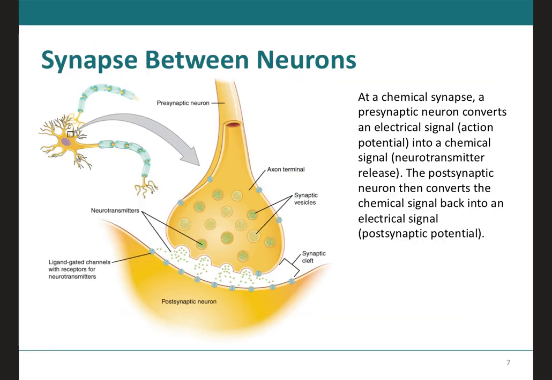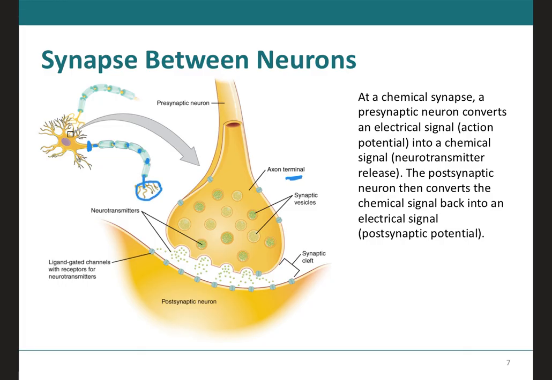Okay, now that we've reviewed the electrical synapse, we can talk about the chemical synapse, which occurs at the end of the axon, more specifically at what we call the axon terminal or the terminal button. Coming down, we have the axon hillock or the trigger zone, and the action potential comes down, jumping from one node of Ranvier to the other until it reaches this area.